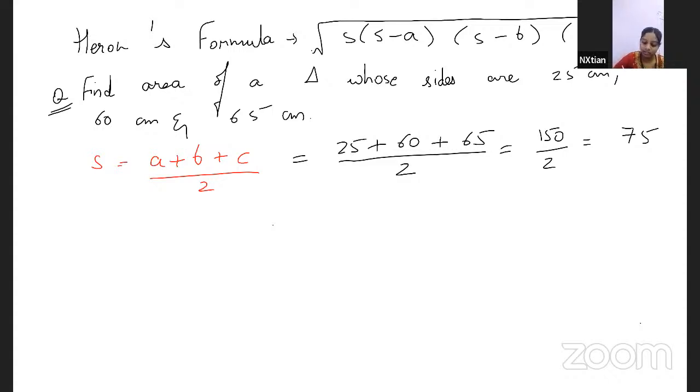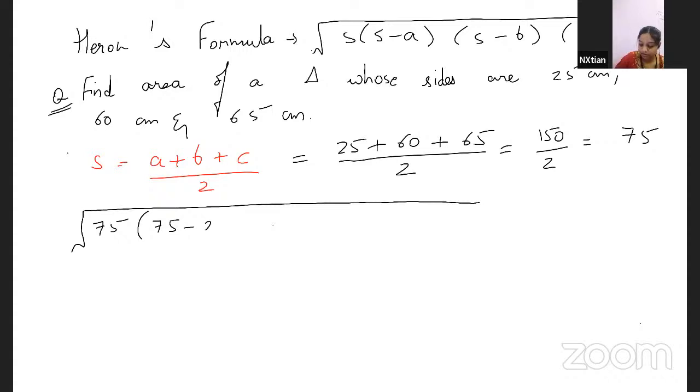Now we are going to put the Heron's formula here. 75, 75 minus 25, 75 minus 60, 75 minus 65.